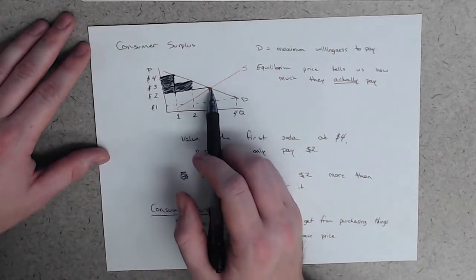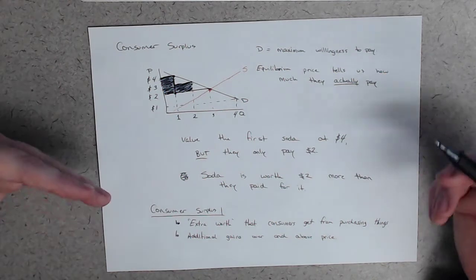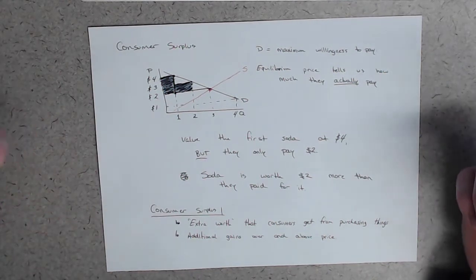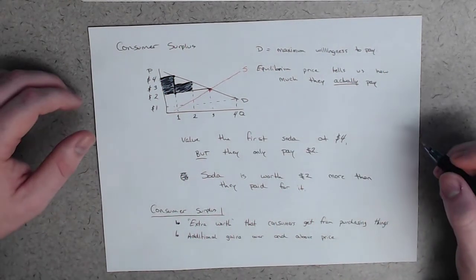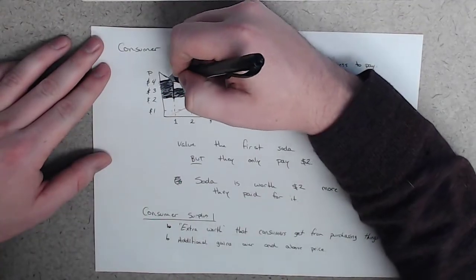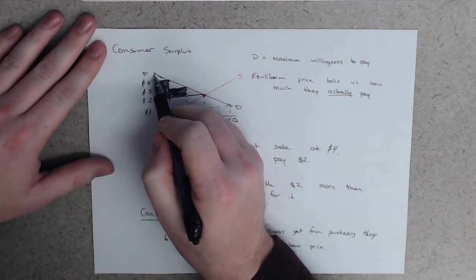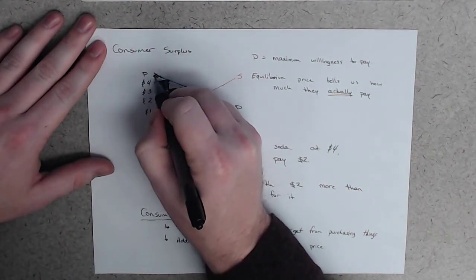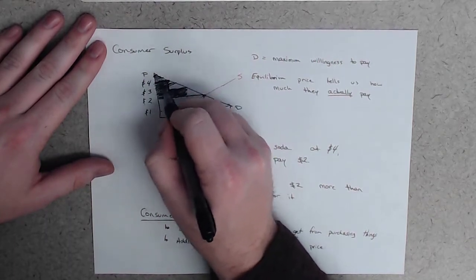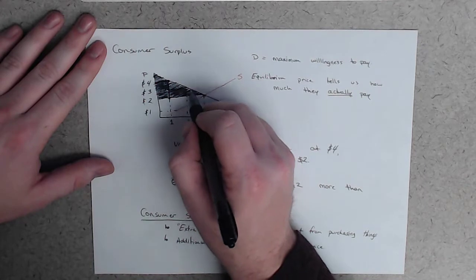And if they were to buy a third soda, they value it at $2, they pay $2, so they would get no consumer surplus from purchasing the third soda, right? So if you notice, what we've got here is a situation where the consumer surplus, if you can buy fractions of cans of soda, is actually going to be this whole triangle up here.